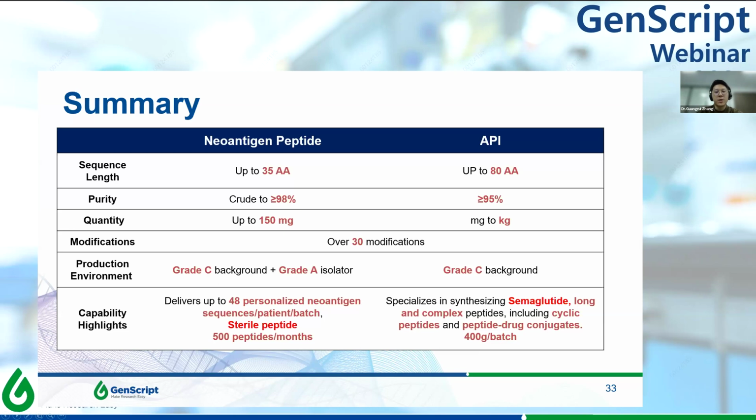we at GenScript, during development, have all the requirements and have the grade C environment to ensure the study is under the standard of the IND filing.